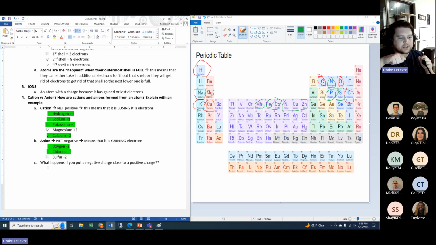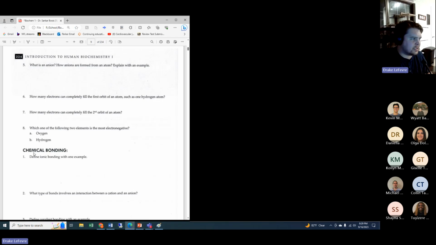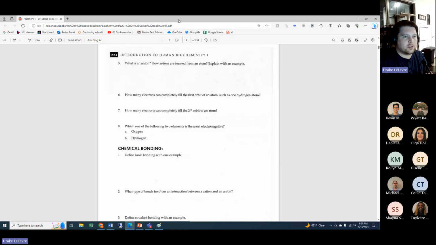If you hold the negative side close to the positive side, they stick together. If you hold the negative to the negative, they push apart. Just like that, these ions, if you take one that's positive and one that's negative and get them close enough together, they're more likely to stick together and join, forming a type of bond that we'll get into once we get down to the section on chemical bonding. Just a little bit of setup there.